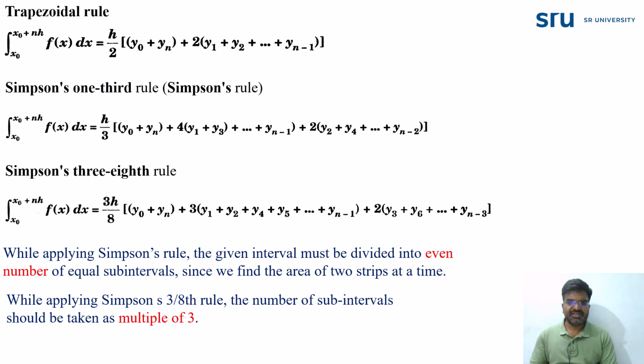But for Simpson one-third rule, every time we are using 2 subintervals. So the number of subintervals must be even number. In Simpson 3/8 rule, every time we are using 3 subintervals. So the number of subintervals must be multiple of 3.